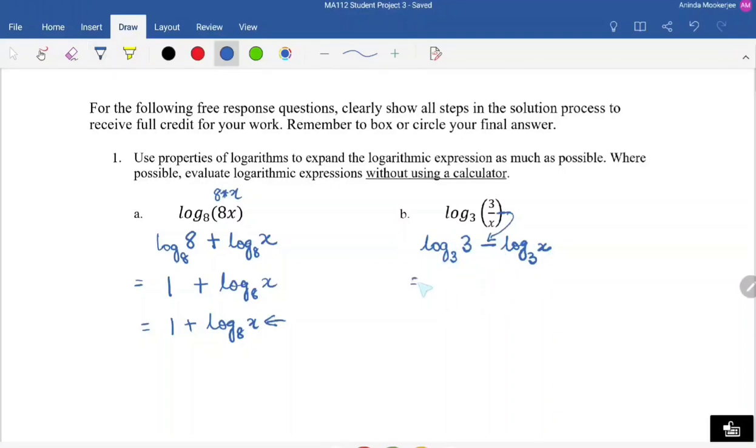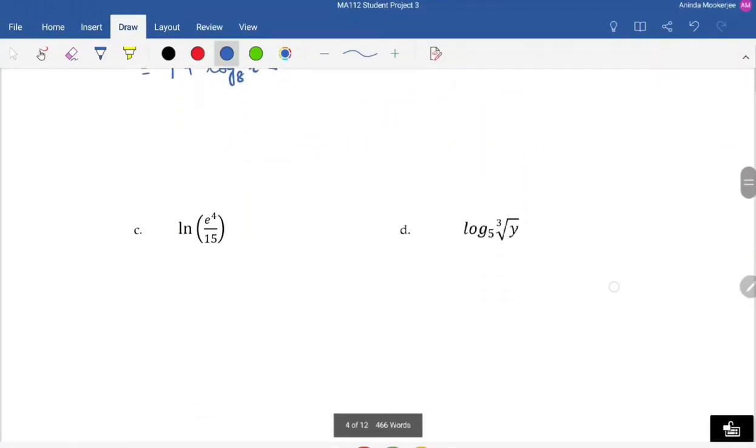Again, same thing, we have the base of the log and the argument of the log as the same value. So log base 3 of 3 is a 1, minus log base 3 of x. We have to just leave it this way. We cannot simplify this any further.